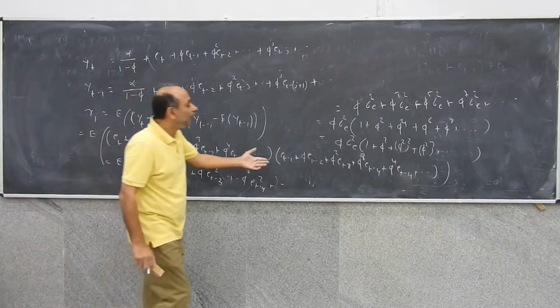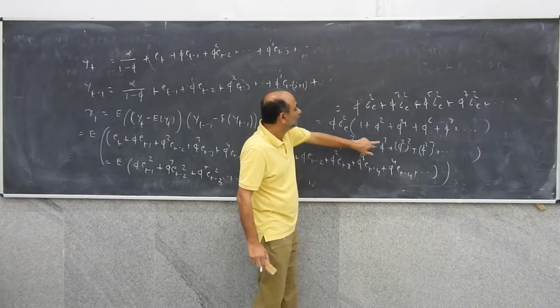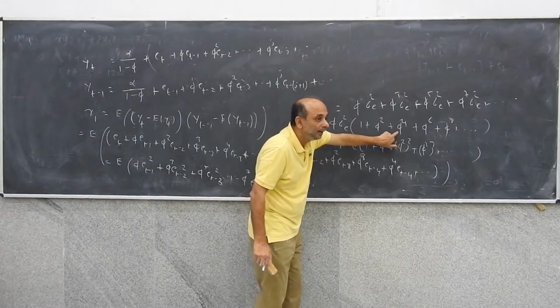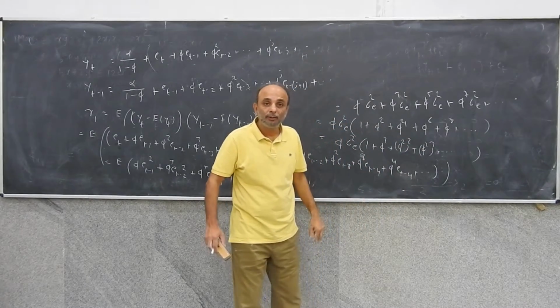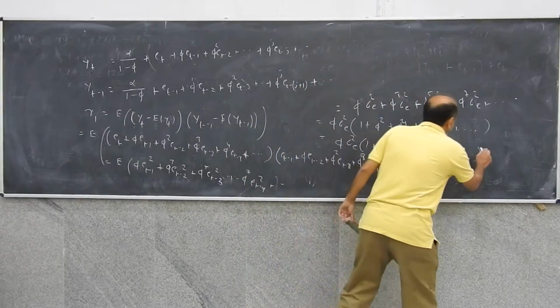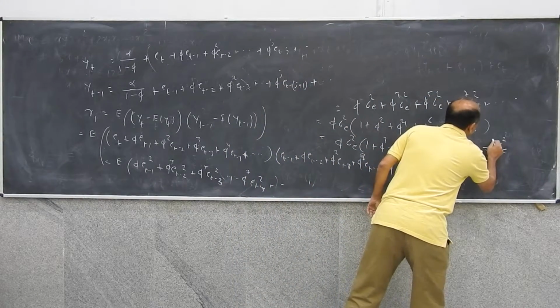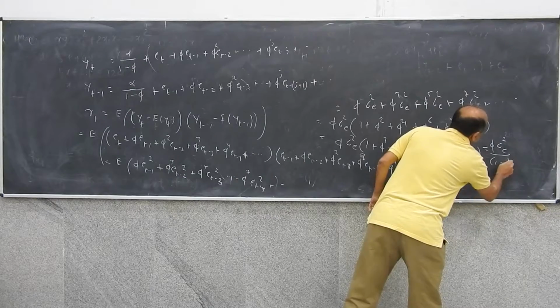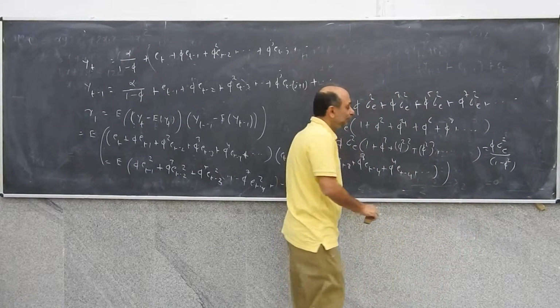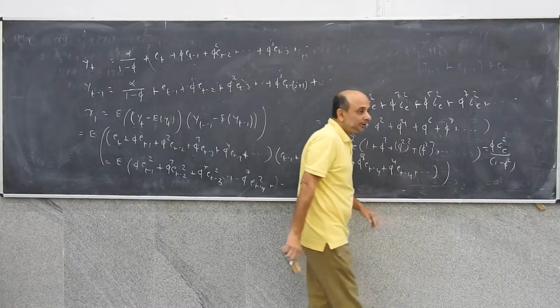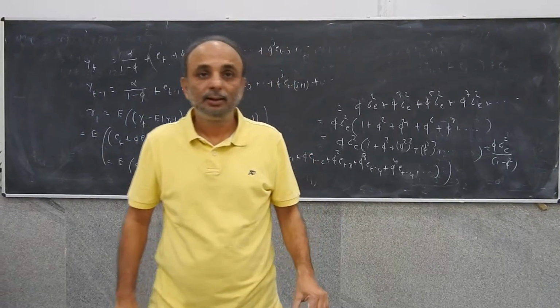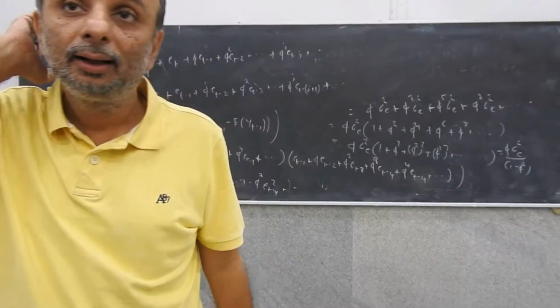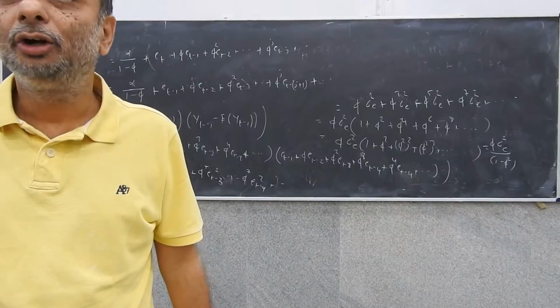This is nothing but 1 plus phi square plus phi square square plus phi square cube, and so on. Which is what? Which is phi sigma square e upon 1 minus phi square. You see this point? Sure, friends?